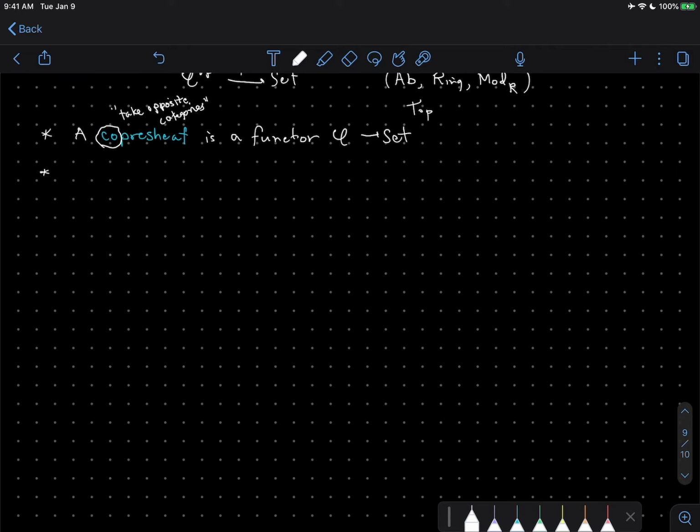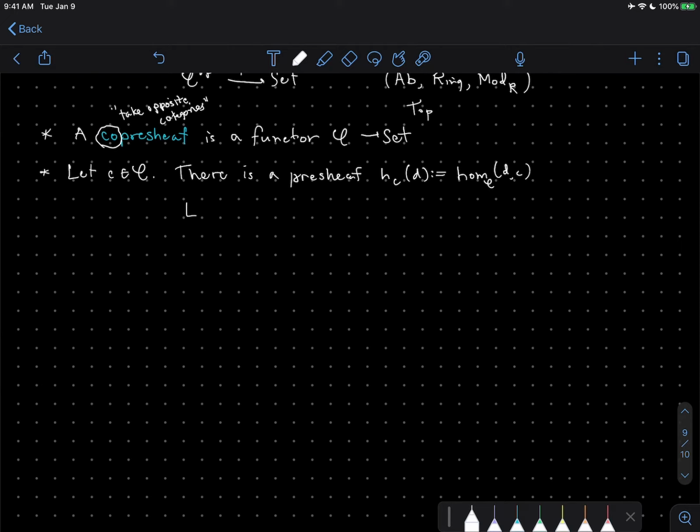There are two very, very important examples. Sure. So let c be an object of C. There is a presheaf written H sub c, and this is defined by saying that H sub c of little d is by definition equal to the set of Homs from little d into little c.